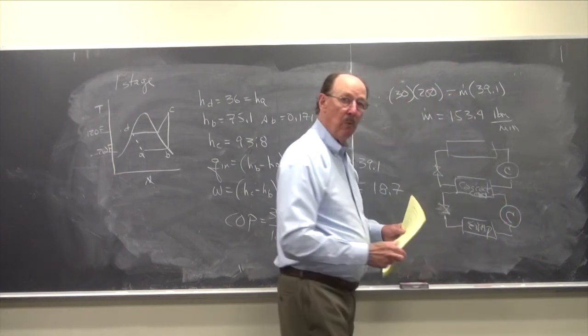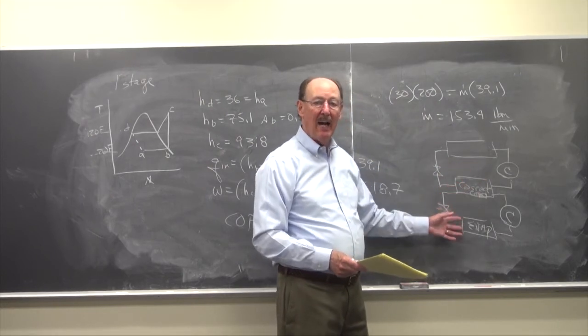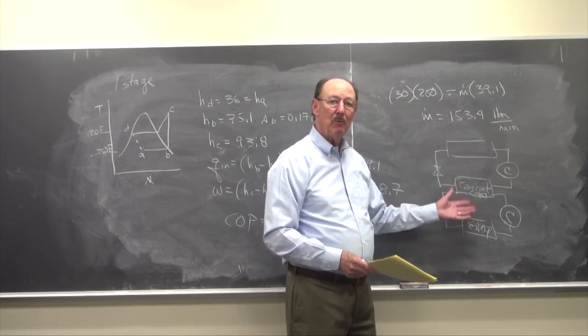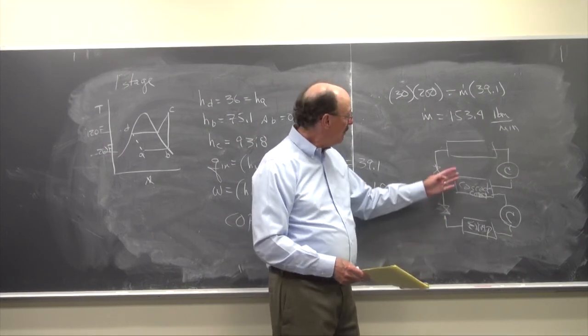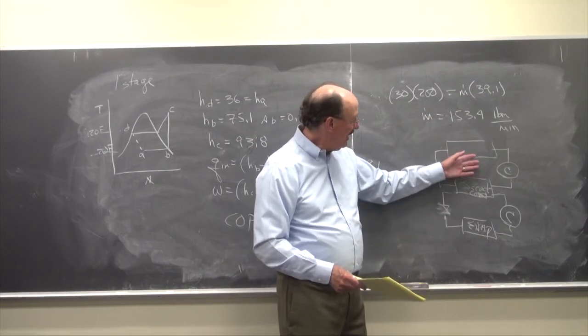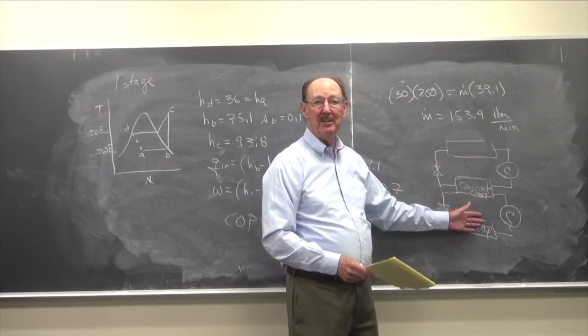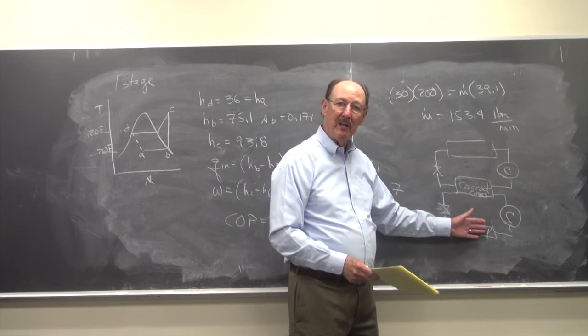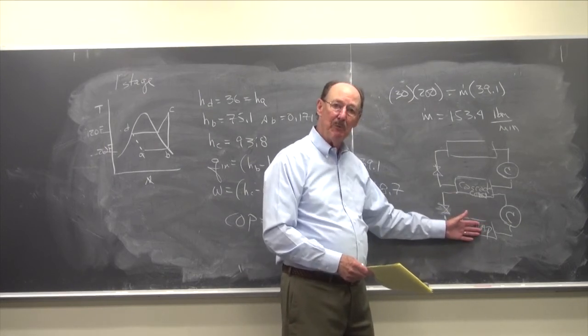And so I can have different substances. So if I want to go down, I did an example where we were using R12, ammonia, whatever the table values we have. But I could let this be R12 and I could let this be a hydrocarbon, and I can get down to minus 100 degrees Fahrenheit or something like that. So I can get down to very low temperatures, but I have to use a different refrigerant.